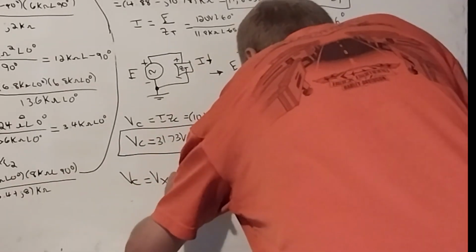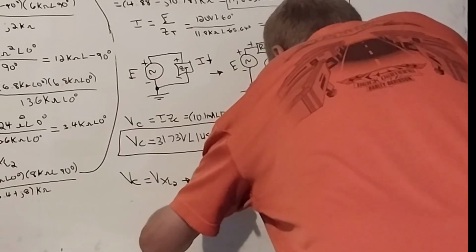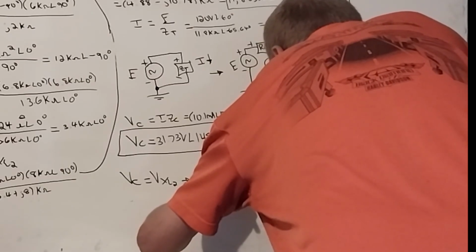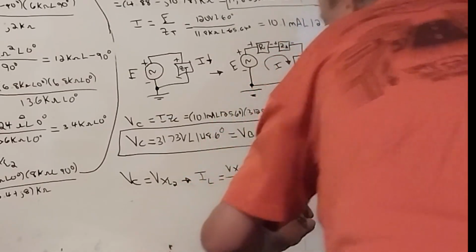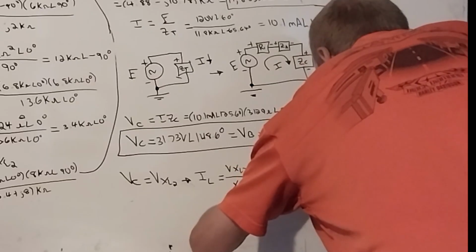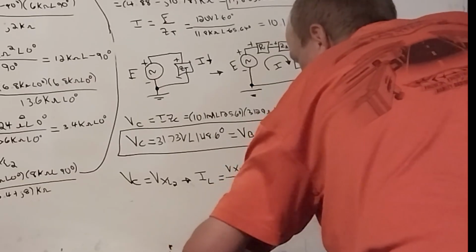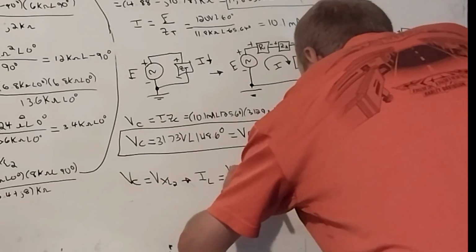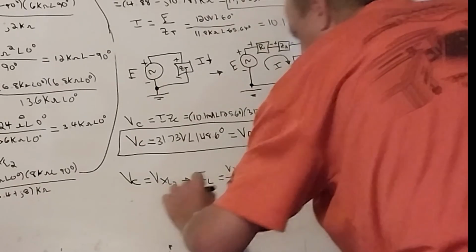Okay, IL is equal to V of X of L2 divided by X of L2. So we get 31.73 volts at an angle 148.6 degrees, and we're going to divide that by X of L2, which is 8,000 ohms at an angle of 90 degrees.